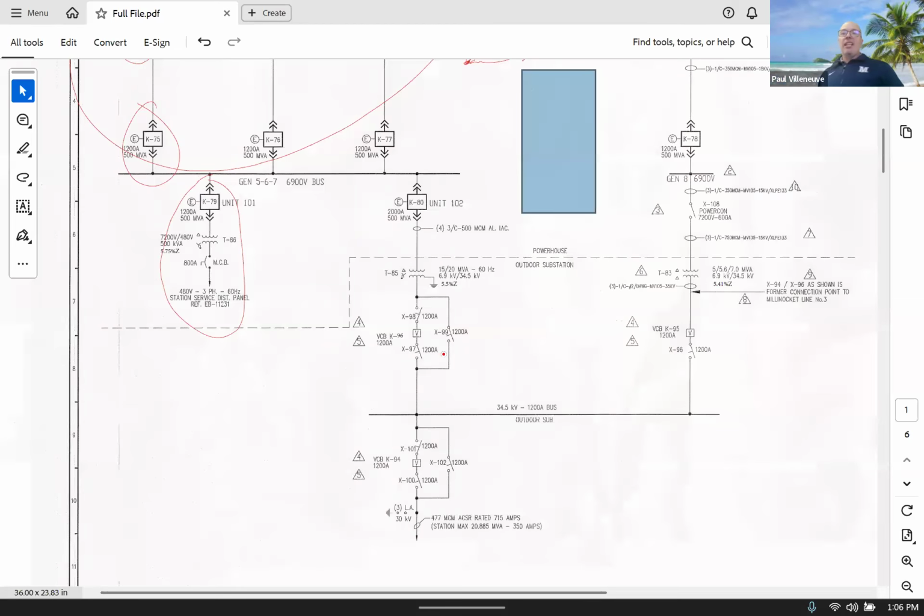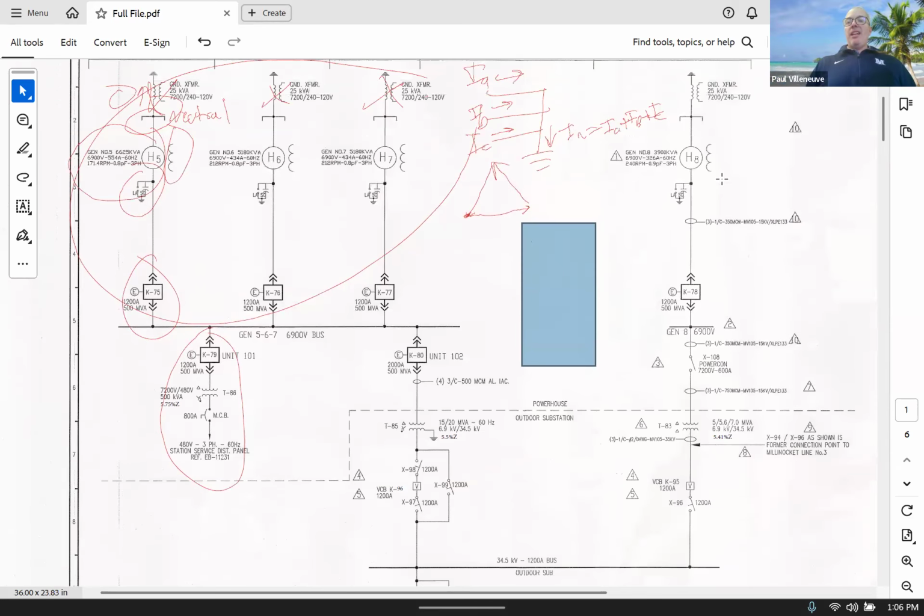And when I look at XT83, now I'm at the 6900 volt bus, but I'm not actually going to show that as a bus, even though it's shown on the diagram, and there is a physical bus in the real world, but there's nothing else connected to it. So why would I muddy up my diagram and show another bus there? I see that it's going to generator H8, which looks awfully similar to 5, 6, and 7.